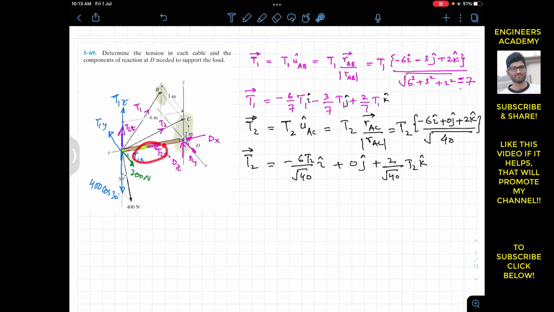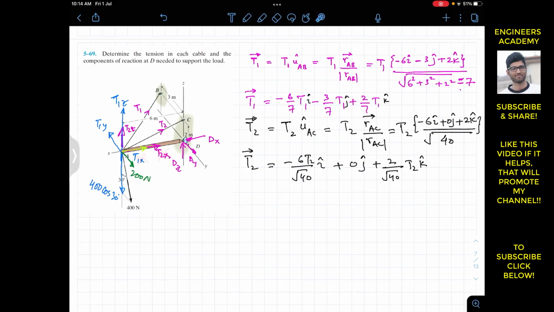So the x components are intersecting with the z-axis, so they are not going to produce the moment about the z-axis. And T1z and T2z are parallel to the z-axis, so they are not going to produce the moment about the z-axis. So only T1y and this 200 Newton force are going to produce the moment about the z-axis.